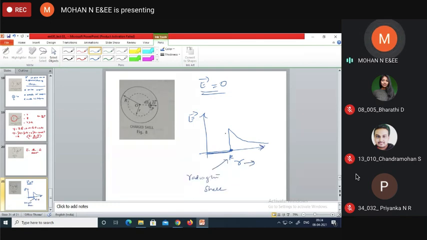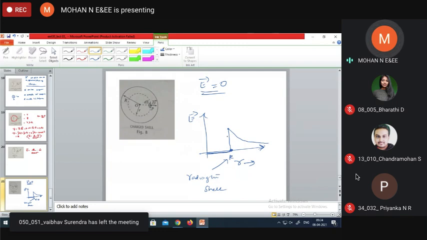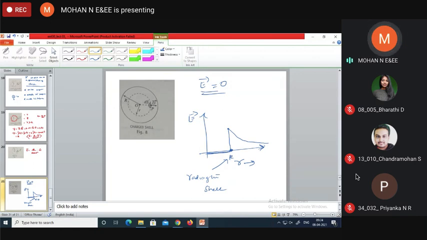So when r is exactly equal to R, there will be some field intensity. And when r is not greater than R, the field intensity will be 0. This is nothing but inside the shell.